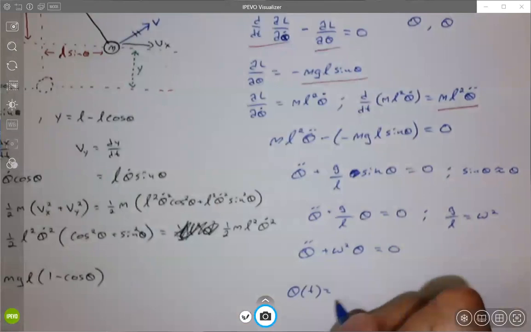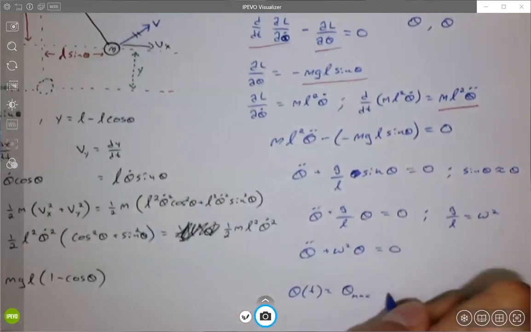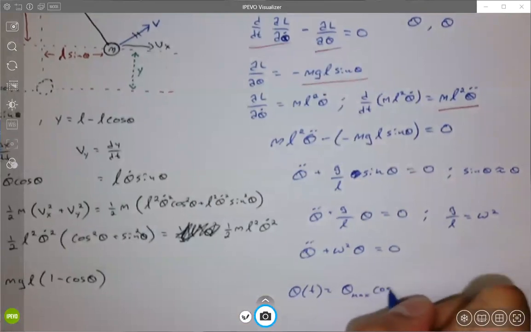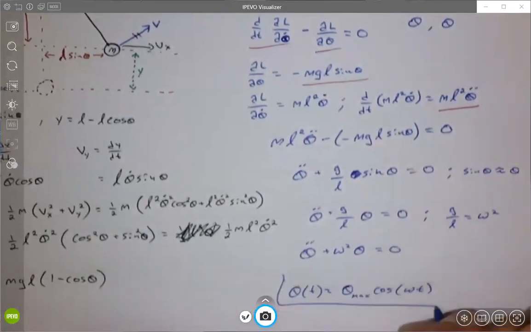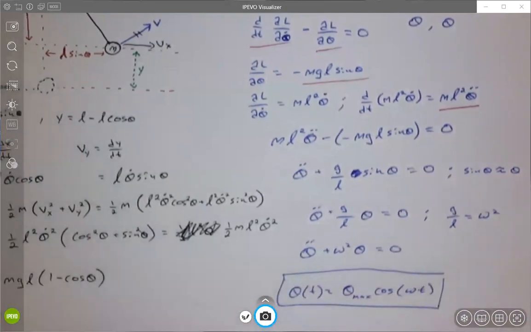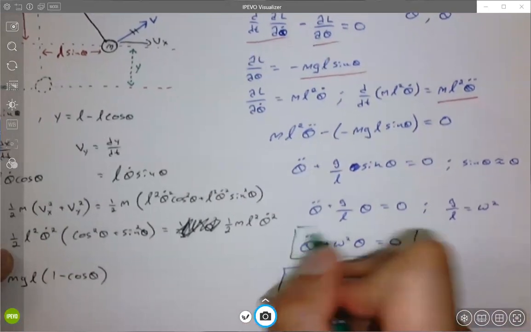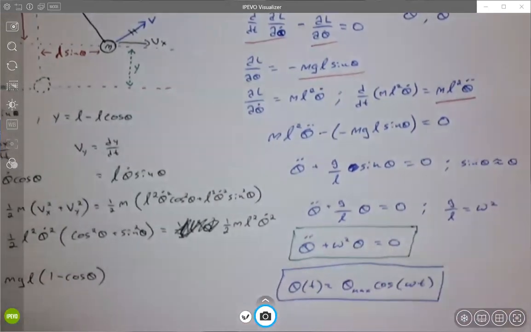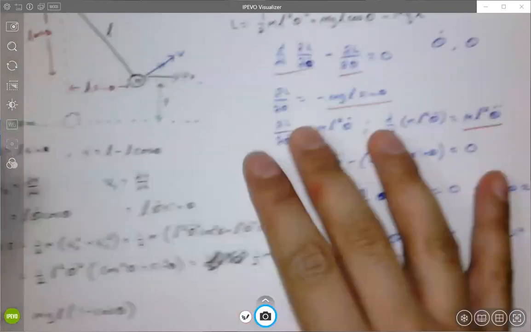So we get theta is equal to theta max cosine of omega t. And that's our solution. But really what was important was this right here. And we got this from using the Lagrangian and the Euler-Lagrange equation. So that is the value we got using this method.